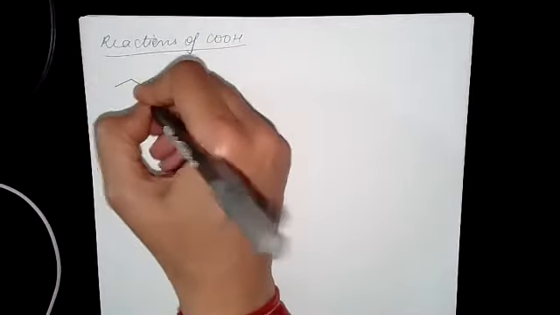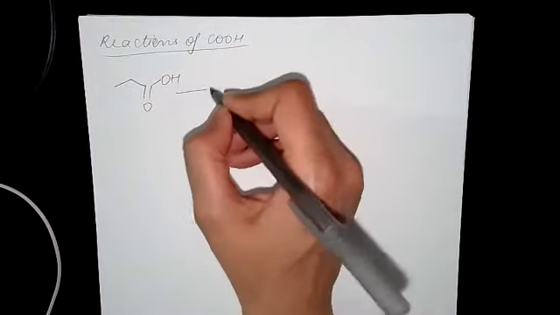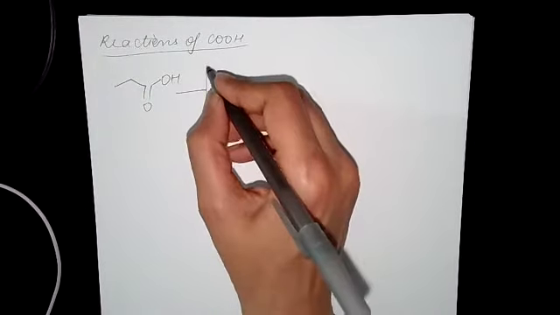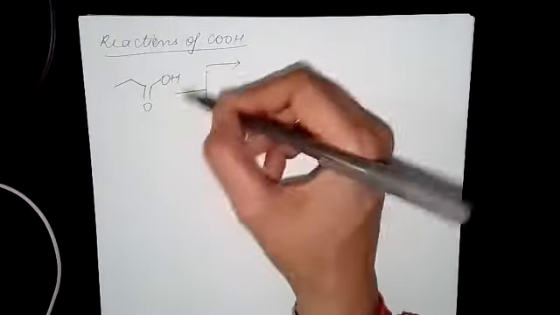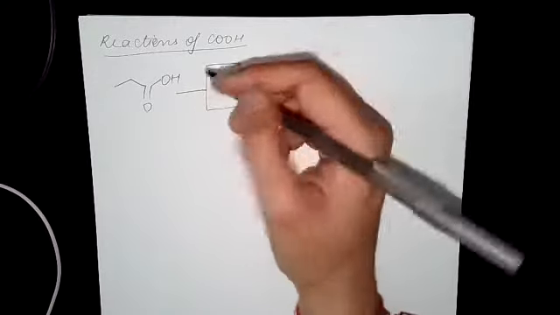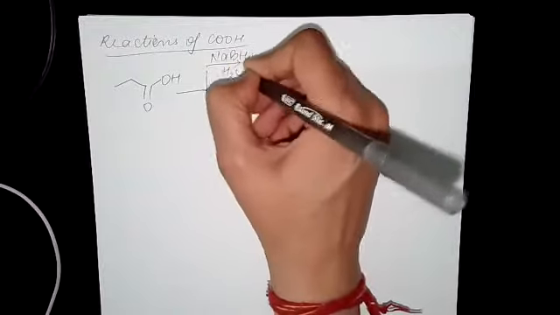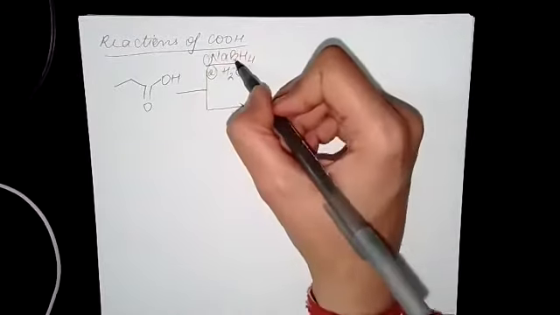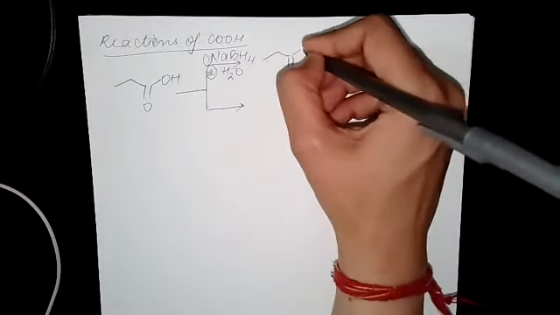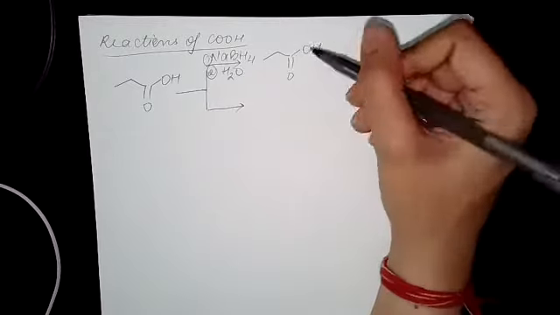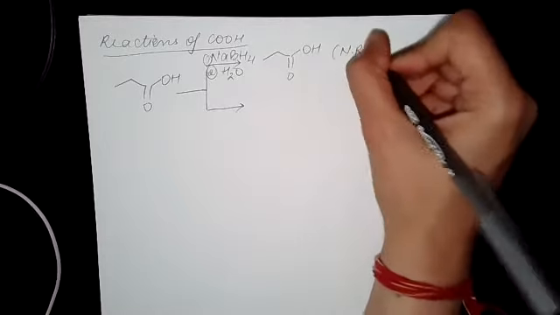I'm just going to use a common starting material, and if I subject this starting material to sodium borohydride followed by water, what will happen? We have seen sodium borohydride only reacts with aldehydes and ketones. It will leave the carboxylic acid alone, so no reaction occurs.